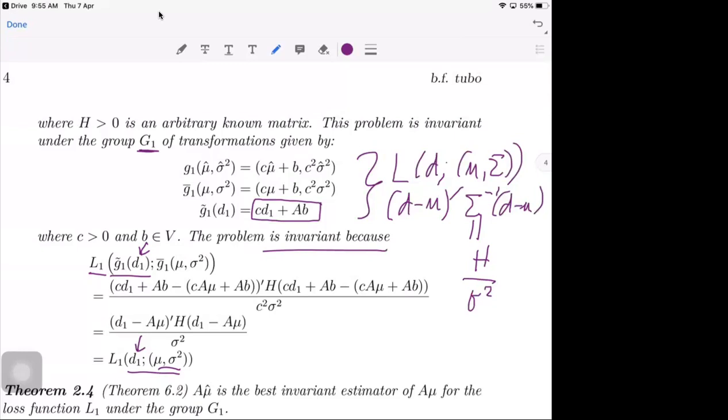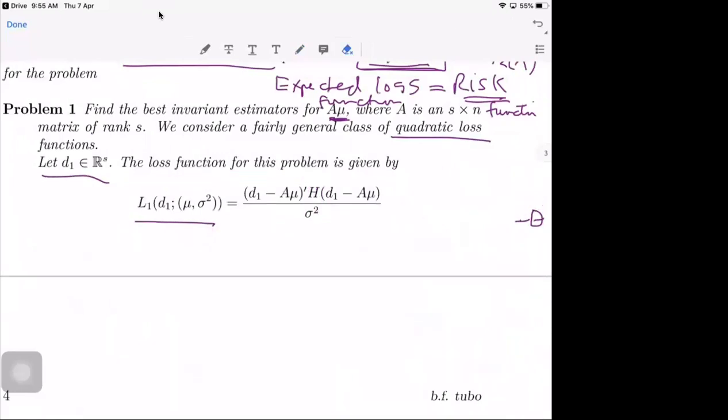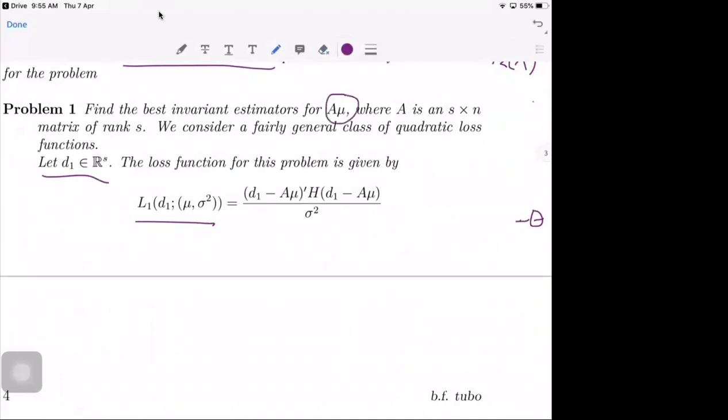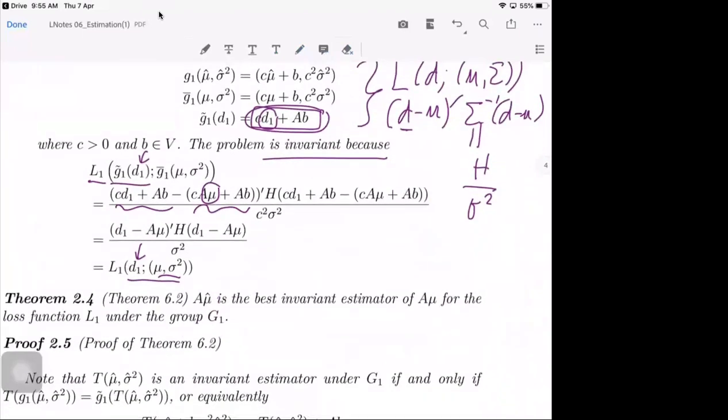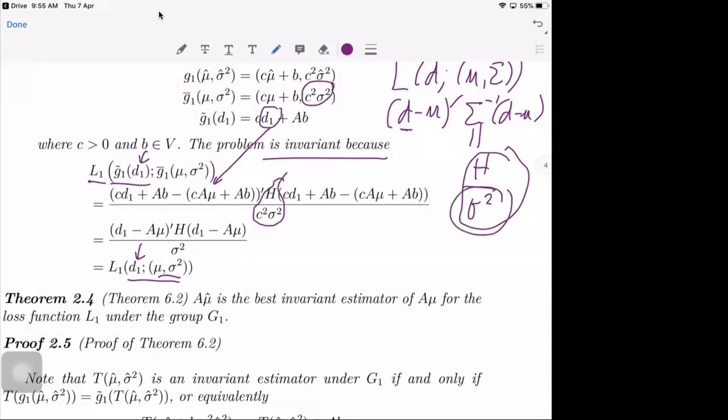So with this transformation, our D will be C D1 plus AB, and our parameter will be C times A mu, because this is the parameter we want to estimate. So our D1 here is A mu, plus AB, and then this part here is H over sigma, but our sigma is C squared sigma squared.